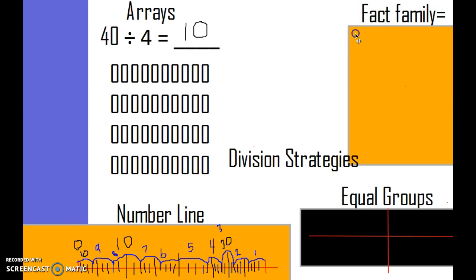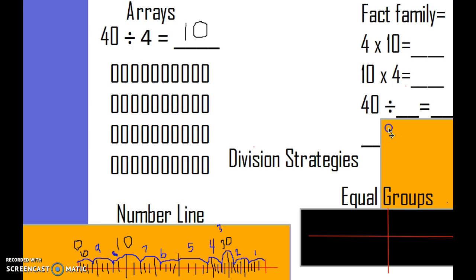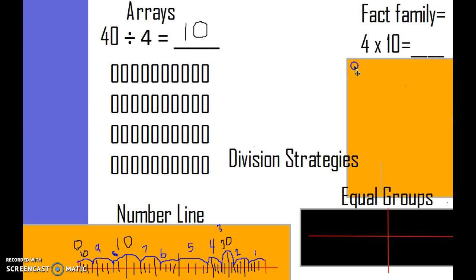So if you learn with fact families and you are good at memorization and this is something fun for you, then memorizing these fact families, if you understand what it means, will be a lot of fun for you to be able to do. So 4 times 10.